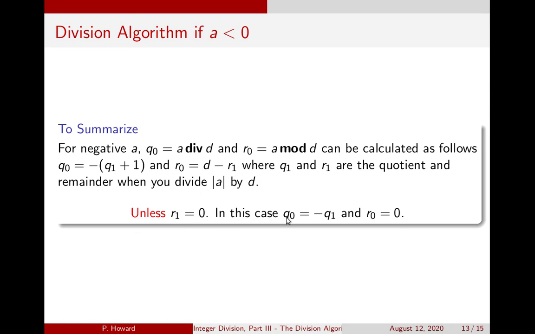In this case, Q0 will be minus Q1 and R0 will be 0. So there's a summary of the method for finding the quotient and remainder when you're dividing a negative number by a positive divisor.